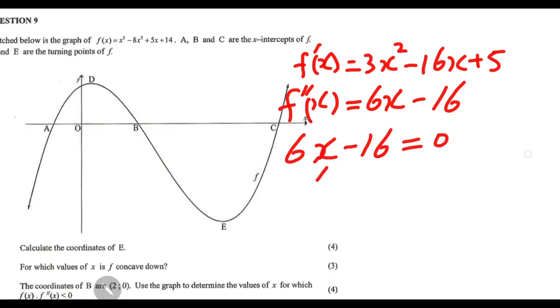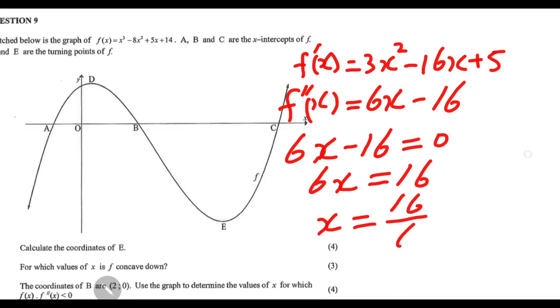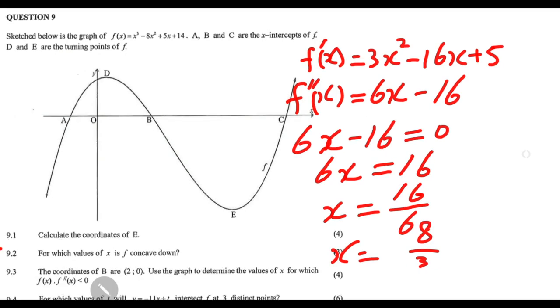Solve for x: add 16 to both sides and divide by 6, so it's 16 divided by 6. Using my calculator, x = 8/3. So this is my point of inflection, x = 8/3.